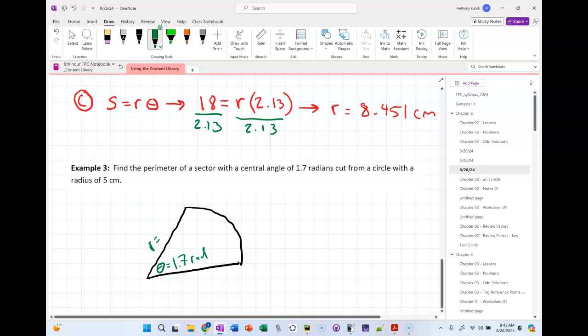Each of these straight sides are a radius. And this side, the curved side, is going to be an arc length.